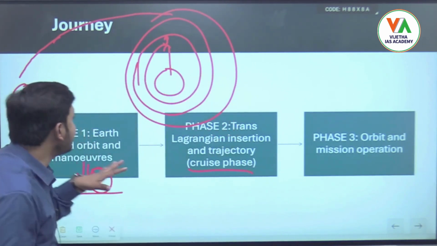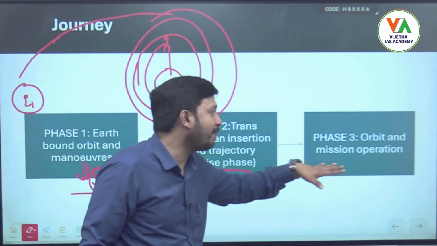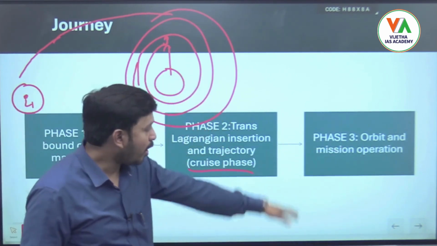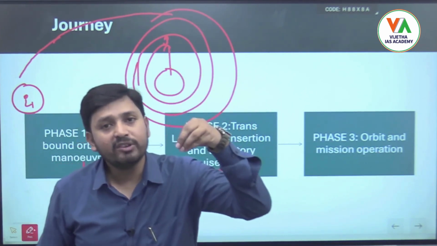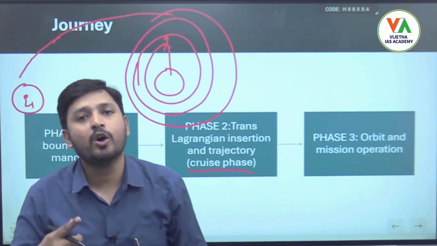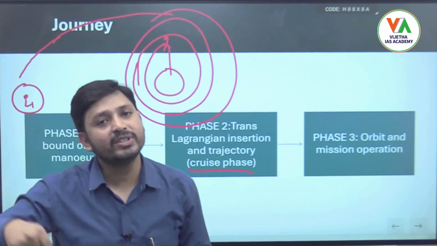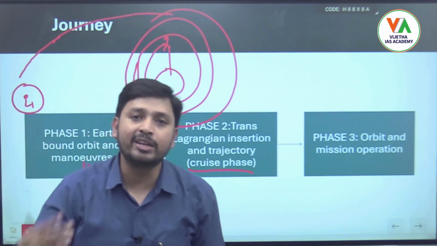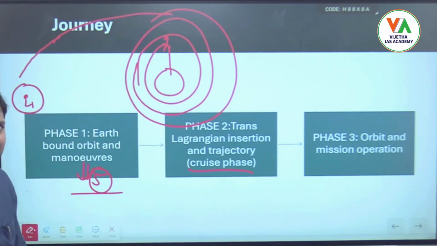So that insertion, okay, that insertion is called phase 3, which is called the orbit and mission operation phase, where it will be inserted exactly into the halo orbit and it will start moving in that halo orbit and it will start taking the pictures of the sun continuously. Okay, so these are the 3 phases in which our Aditya mission has been launched.